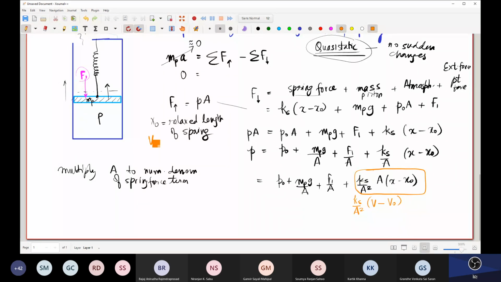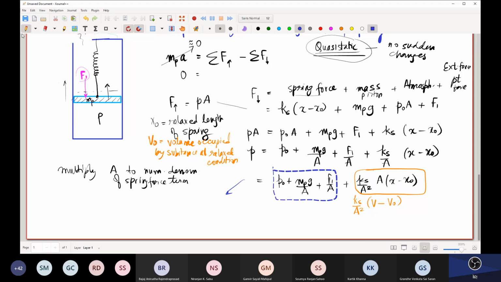V naught is the volume occupied by the substance at relaxed condition. All right. So finally, the result of the derivation is, so before going into that, let me just mark this.